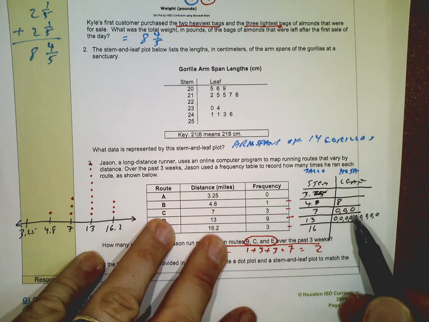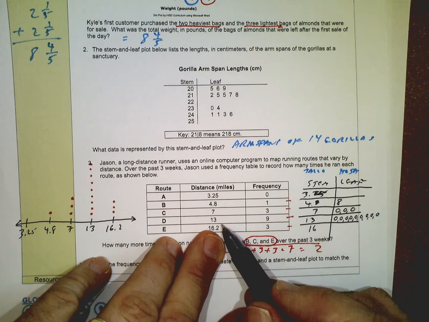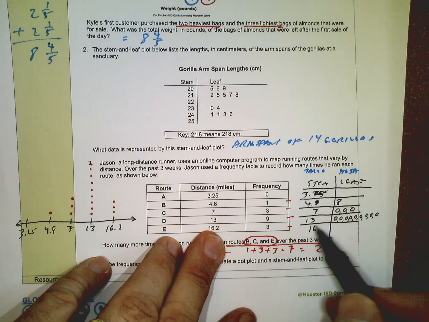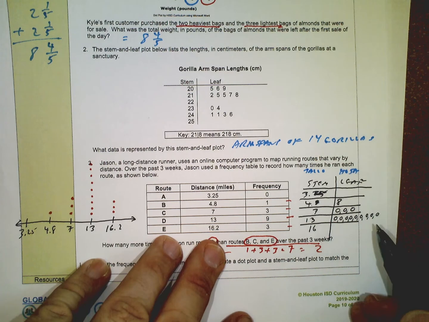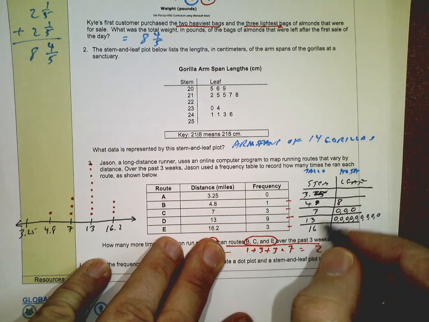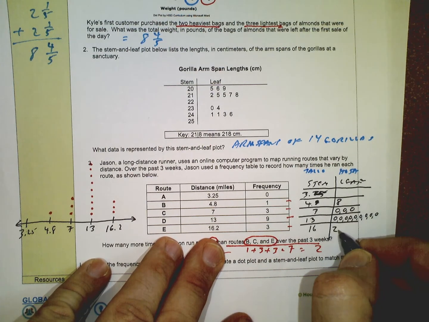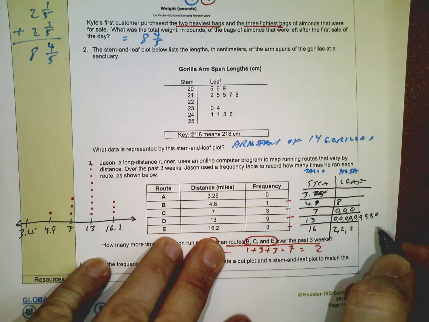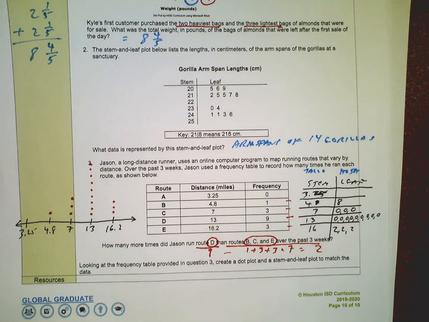Entonces tenemos 3 ceros. 13 sería 13.0. Entonces ponemos 9 ceros, hay 9 de ellos. 16 and 2/10ths, entonces 16 con 2 décimos, 3 veces, sería 2, 2 y 2. Ok, y eso es la forma de mostrarlo en un diagrama de tallo y hoja. And this is how we would show it in a stem and leaf diagram.